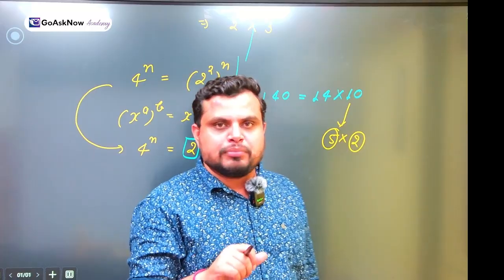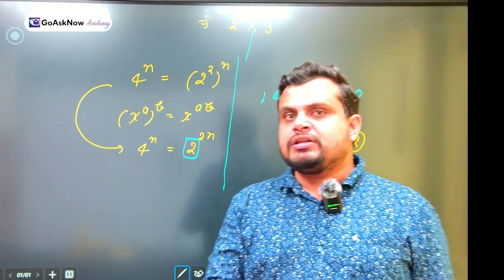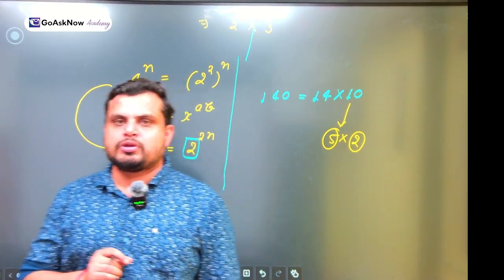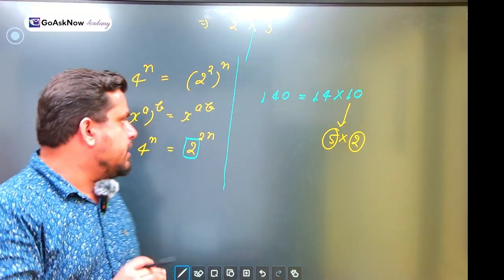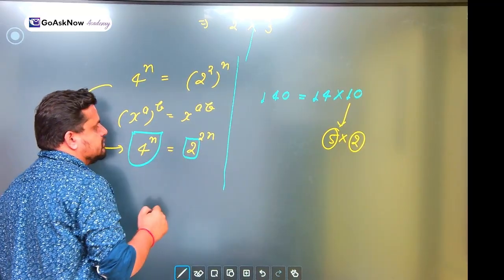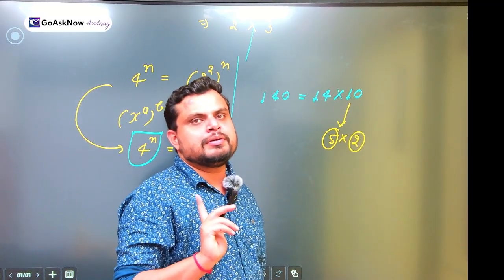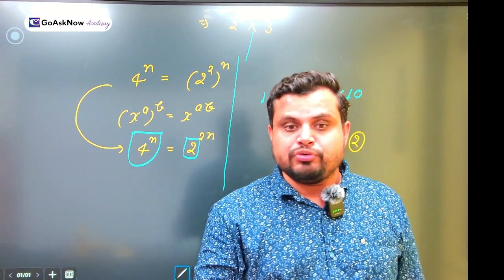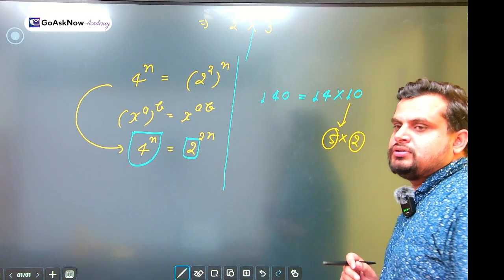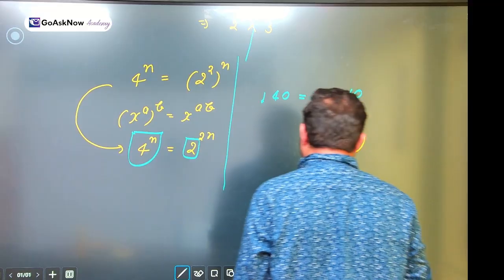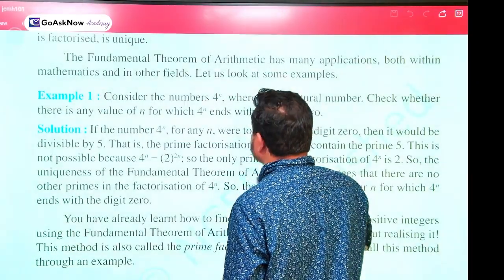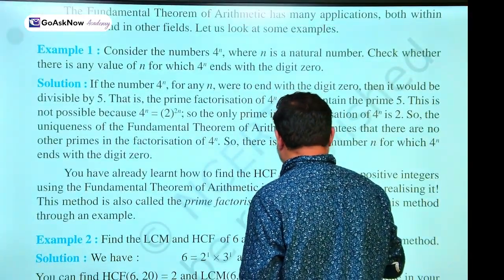So for any number which ends with 0, in its prime factorization, 5 and 2 must occur. Here we can clearly see that in the prime factorization of 4 to the power n, there is no 5. So we can clearly say that 4 to the power n can never end with 0. So this statement is wrong. Clear? Okay, so this was our example 1.